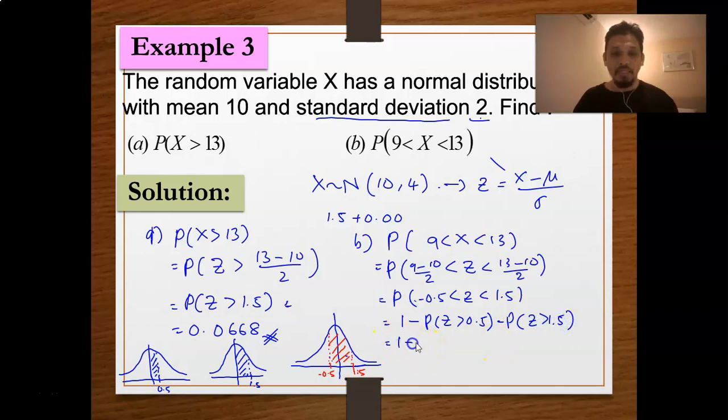So for z greater than 0.5, find it from here, 0.5 and 0, which is 0.3085.